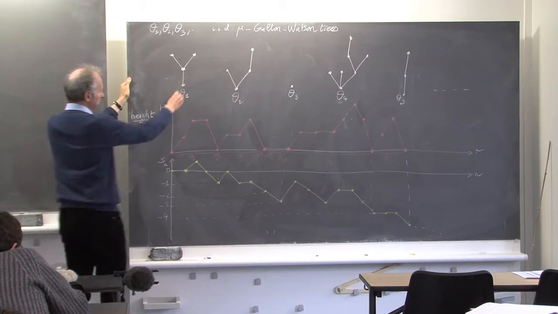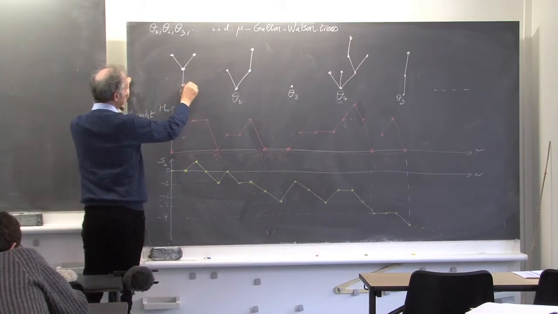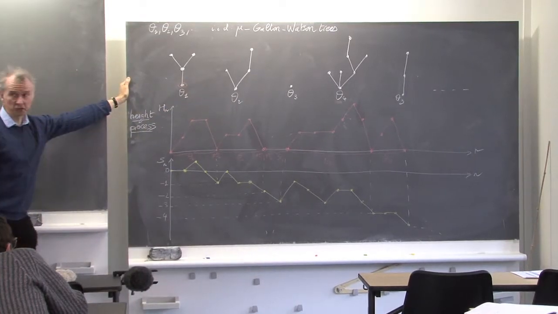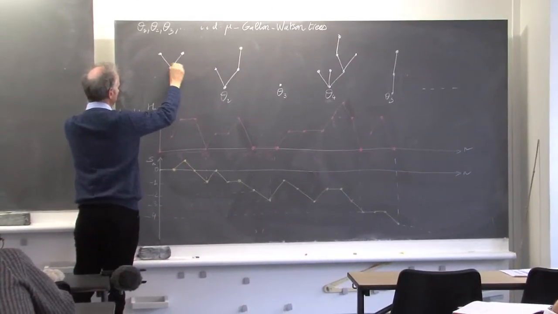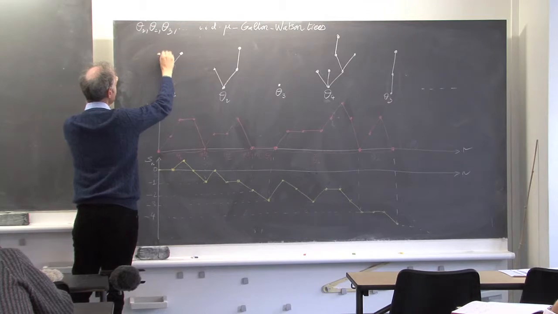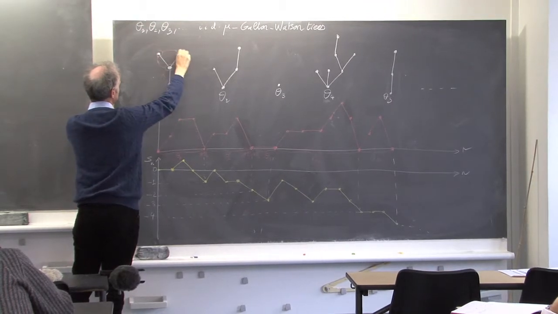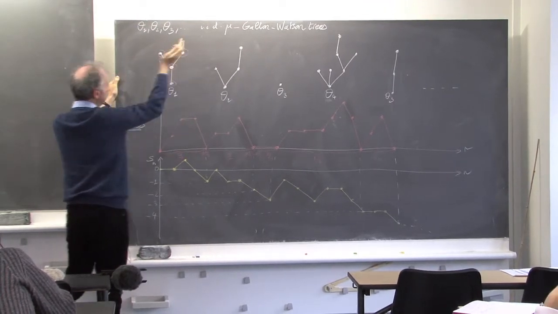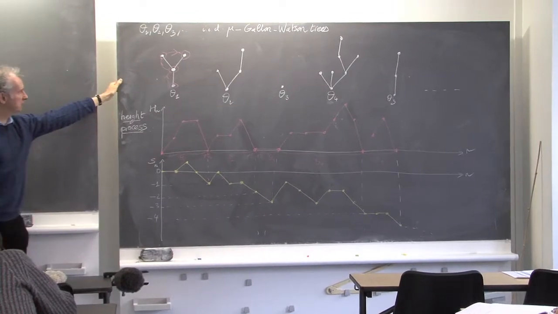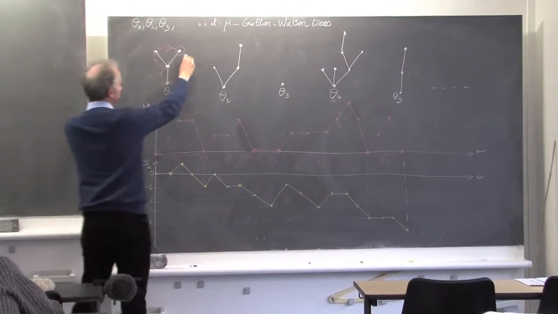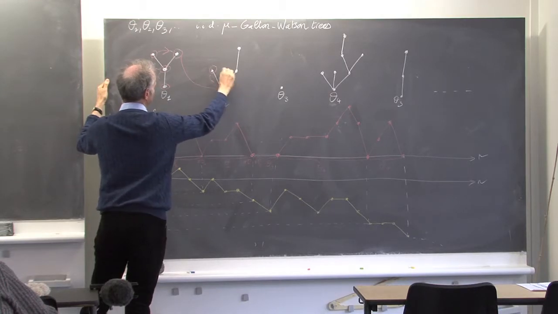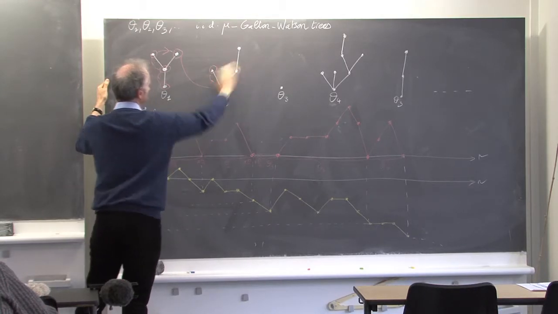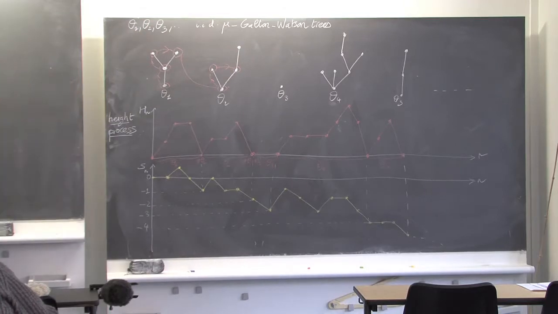You start, say at time 0, at the bottom of the first tree, and then you jump to the next individual of the tree, this one, and then to this one, and so on. When you have visited all the individuals of the first tree, you jump to the root of the second tree, and so on. And you continue like that.